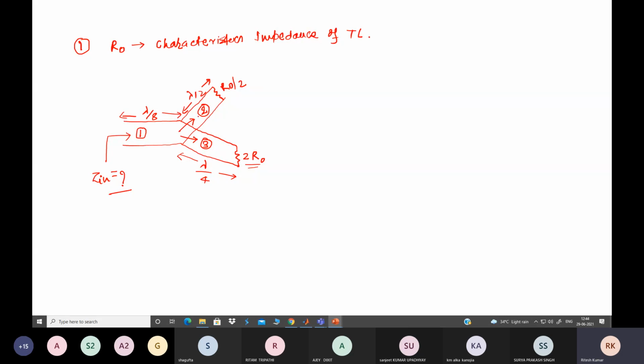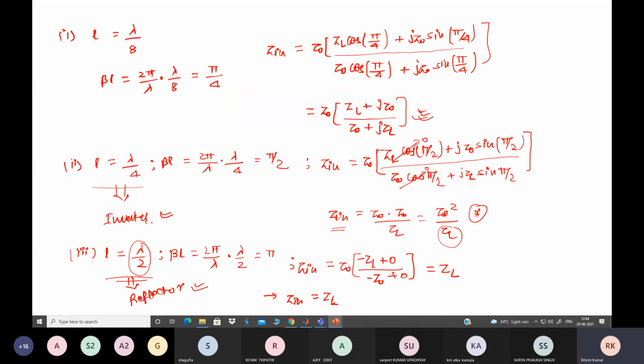So first we will calculate the input impedance due to the second one. Suppose this is denoted by Z in 2. So what is this? Lambda by 2. So no need to write the formula, you can directly put it here. Already we have discussed these 3 cases. For L equal to lambda by 2, we know that input impedance Z in is equal to ZL, as a reflector.